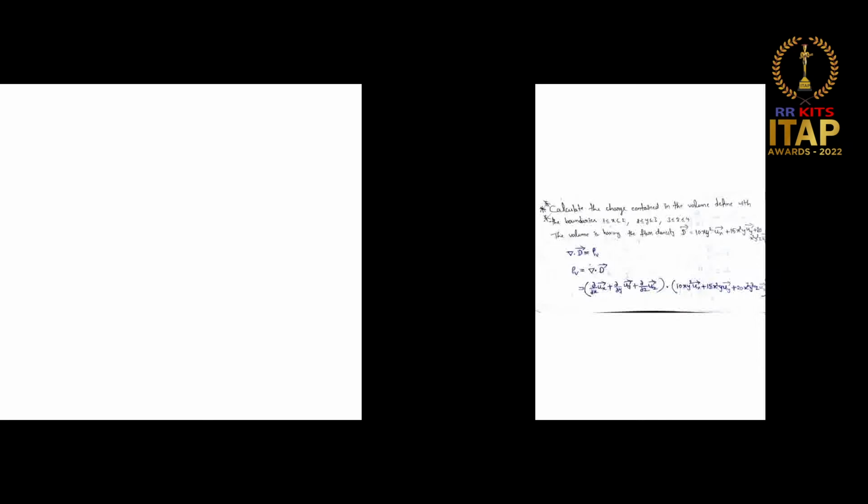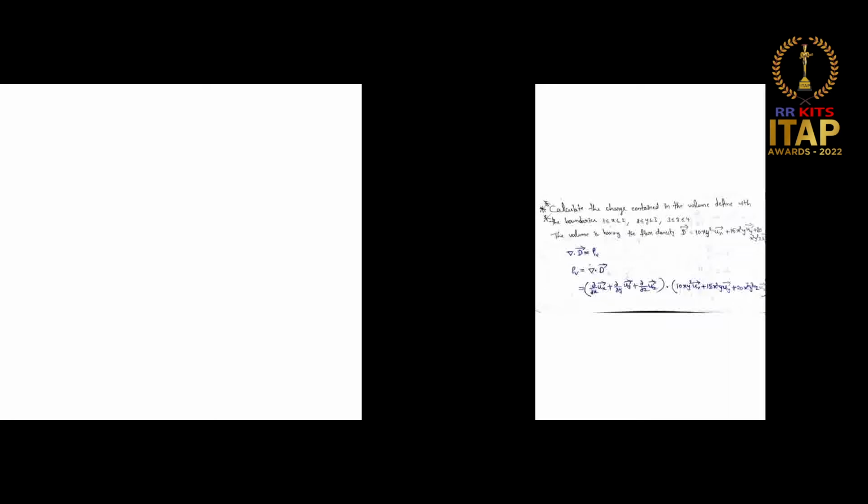Calculate the charge contained in the volume defined by the boundaries 1 less than or equal to x less than or equal to 2, 2 less than or equal to y less than or equal to 3, 3 less than or equal to z less than or equal to 4.